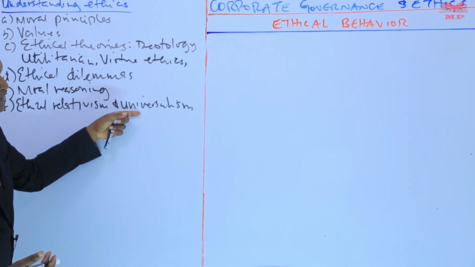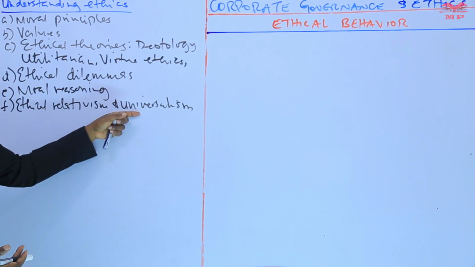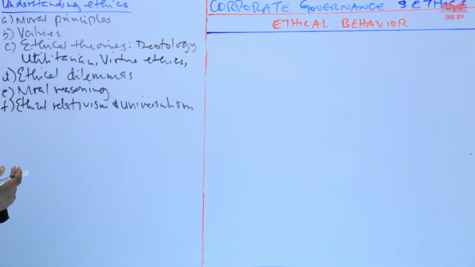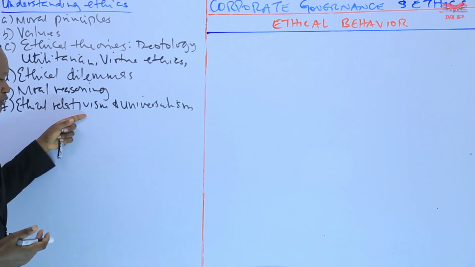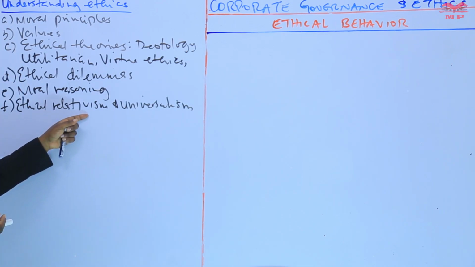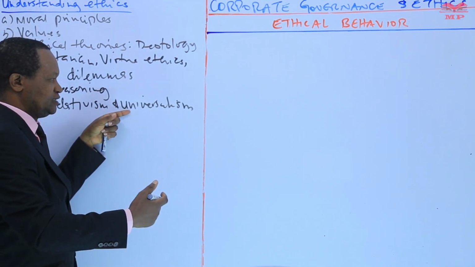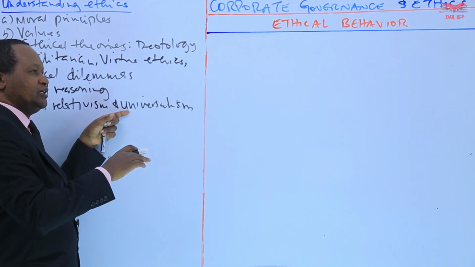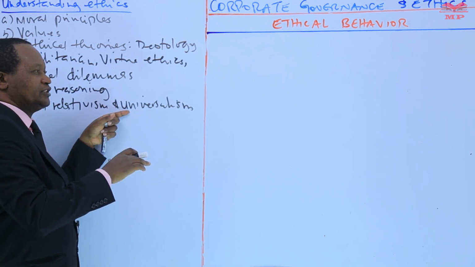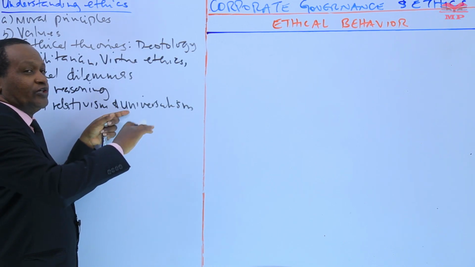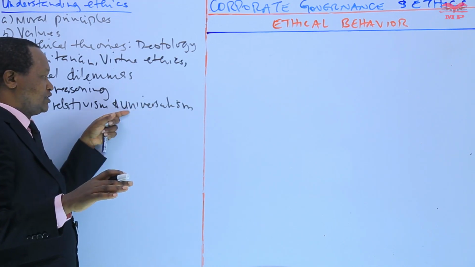Ethical universalism, on the other hand, suggests that certain moral principles are applicable to all people, from the word universe. What is right in one culture or what is wrong in one culture, universalism argues that is wrong in all and right in all other cultures.